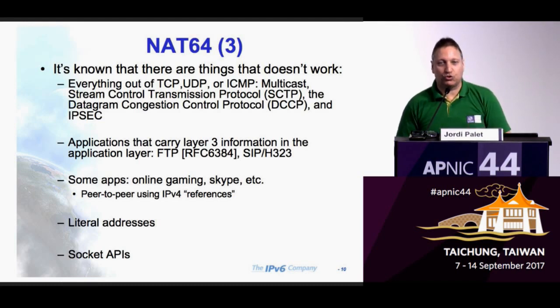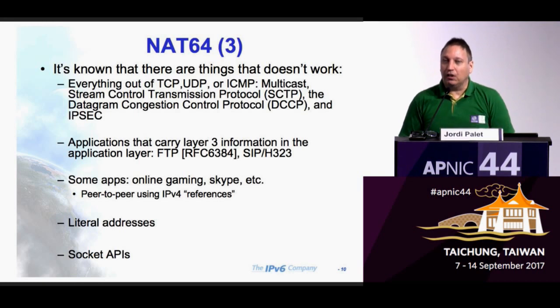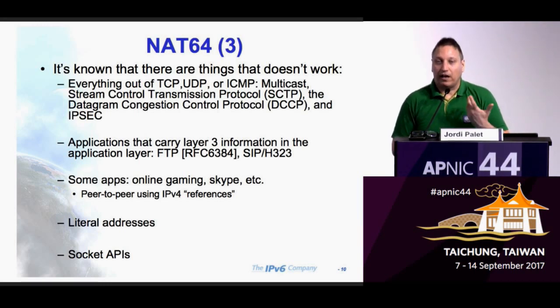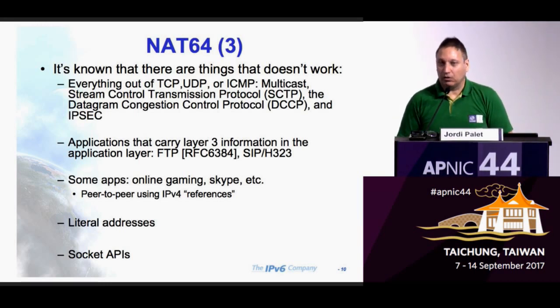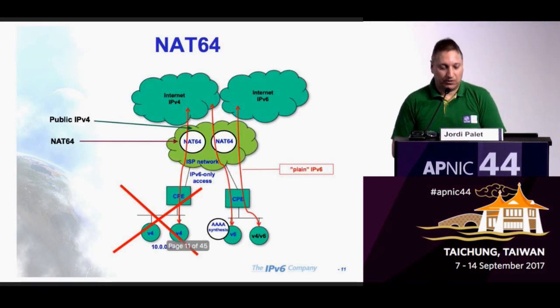You should use the name, not a specific literal address. And there are still a lot of web developers that keep using IPv4 addresses, or their libraries like socket APIs will not work, okay? So NAT64 solves the problem if you are using DNS names.